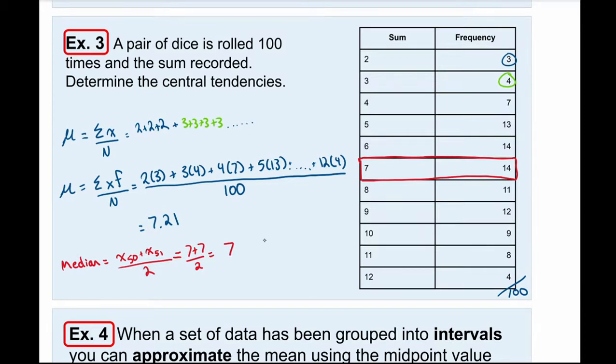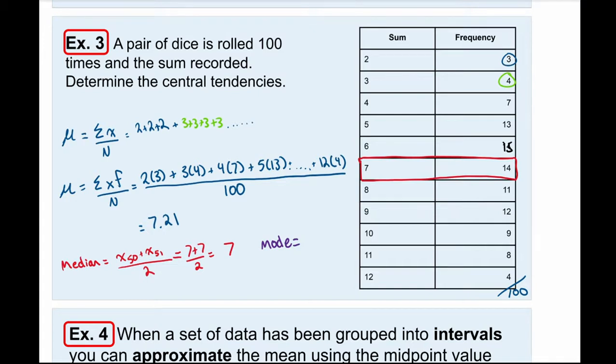Lastly, for our mode, this one is really easy. Let me use a different color. For a mode, this one's really easy because I can just look through and see which one occurs the most. Oh, but I think I have a typo. This should actually be 15.